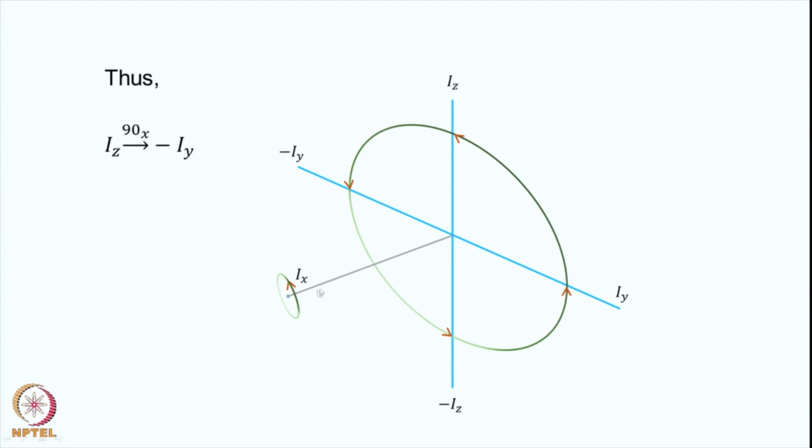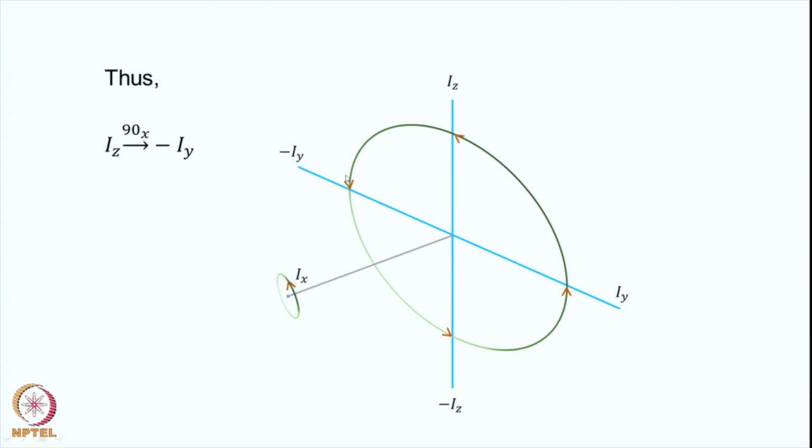So from the same we could also see that if your magnetization was along the minus z axis, it will go to y. If it were along the y axis, it will go to plus z. So if you are considering this initial operator here as Iy, then you can imagine that this Iy will go to Iz. We said Iz will come to minus Iy. This is what we had in the explicit calculation.